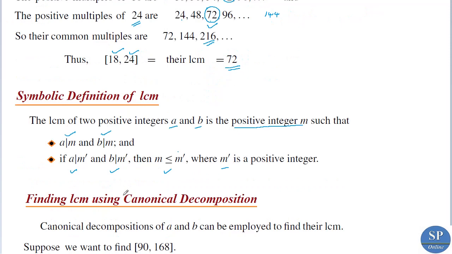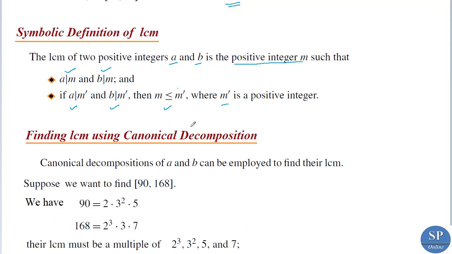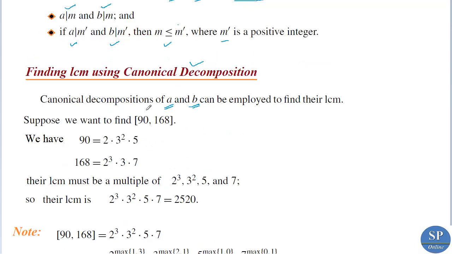Now we can find the LCM by using canonical decomposition of the numbers. If we have two numbers a and b, then we can use the canonical decomposition of a and b to find the LCM. Suppose we have to find the LCM of 90 and 168. The canonical decomposition of 90 is 2 into 3 square into 5. You can verify this.